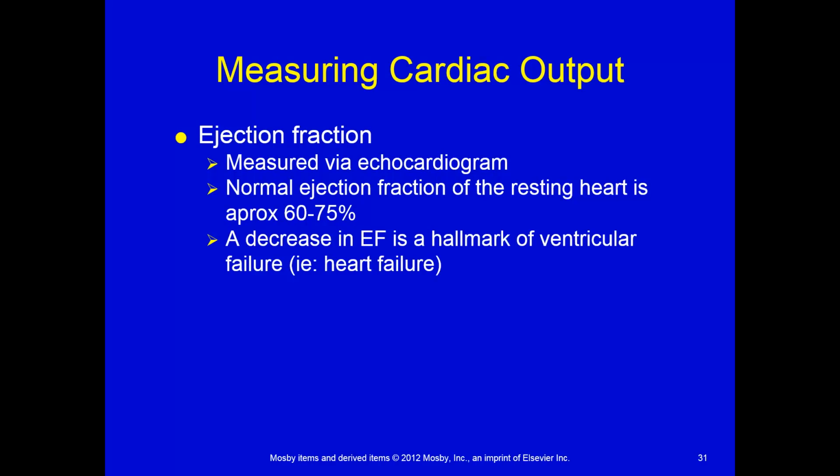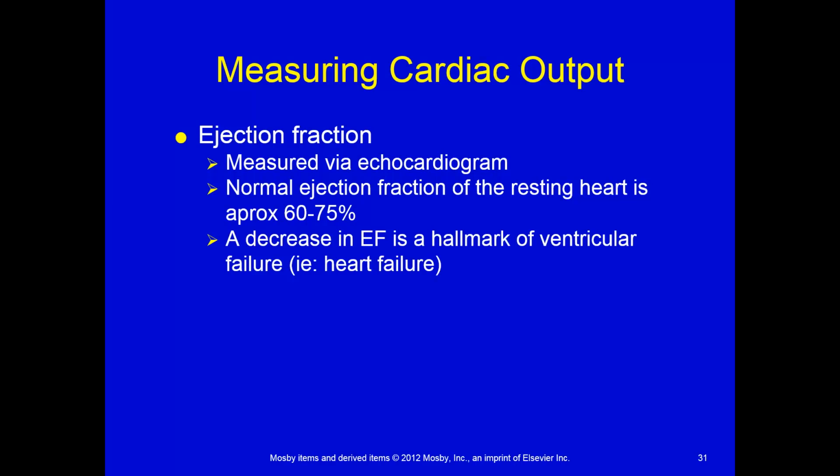A decrease in ejection fraction is, without a doubt, the hallmark of ventricular failure. That should just make sense to you. If you've got a decreased ejection fraction, that's telling you that the ventricle, for some reason, is not ejecting that blood properly. So anything really under 60 is an abnormal, pathologic ejection fraction, telling you that they have a pathologic cardiac output.